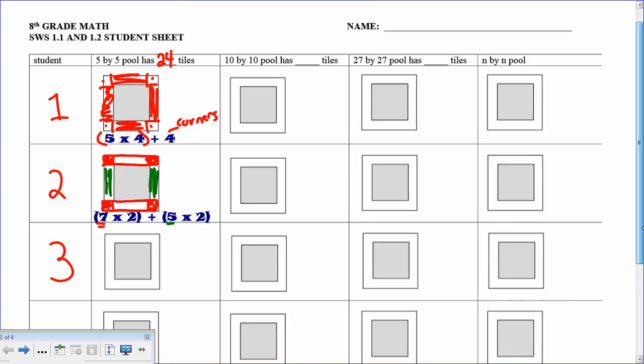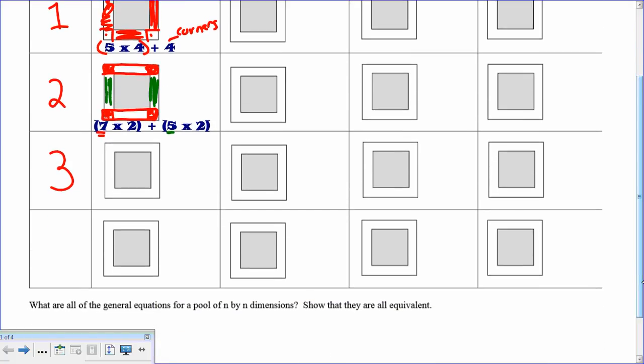A third possibility, let me scroll down here, is to say each side has 7, meaning I'm going to go all the way across, and then I go up the side here, but I overlap, so we actually counted that twice.